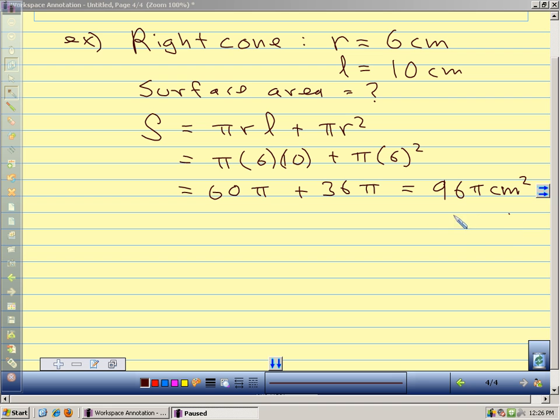If our question asked for the exact answer, this would be our exact answer. If we wanted a decimal, I would plug that into my calculator and I'd find out that that's about 301.59 centimeters squared. So this is our exact answer, and this would be our approximate answer.